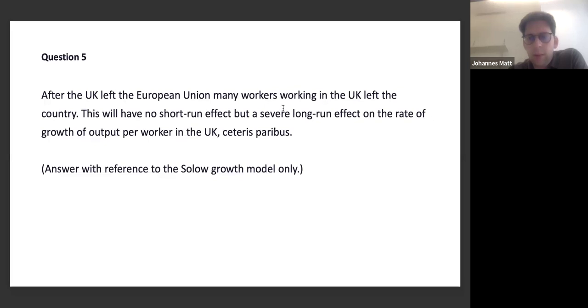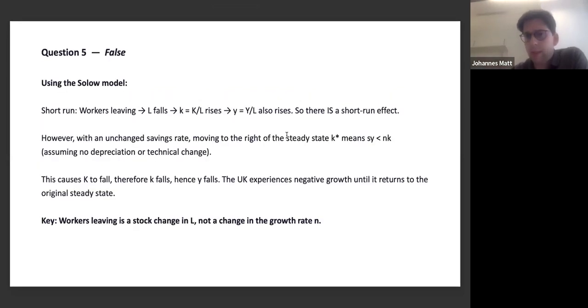But for the sake of the argument, let's think about a one-off decrease in the number of workers in the country, which then does not affect the population growth rate in the long run. All right, we can talk about the other case at the end if you find that interesting.